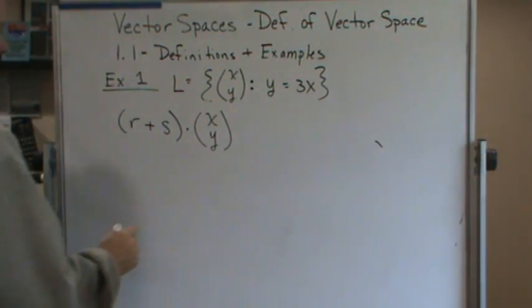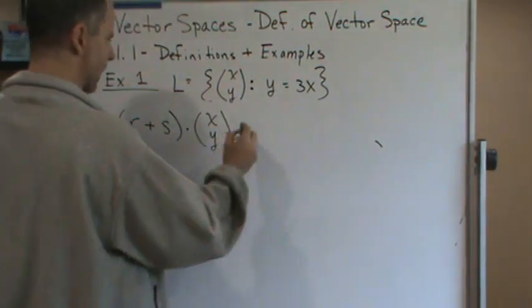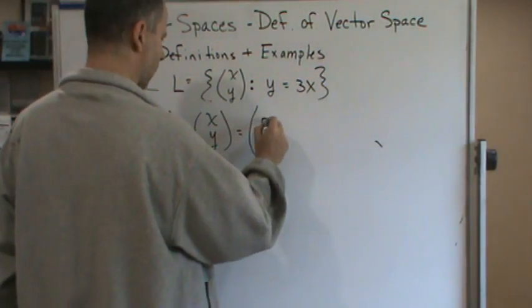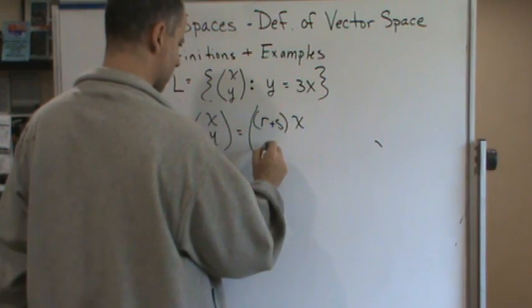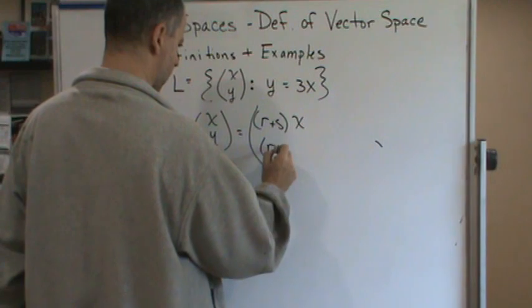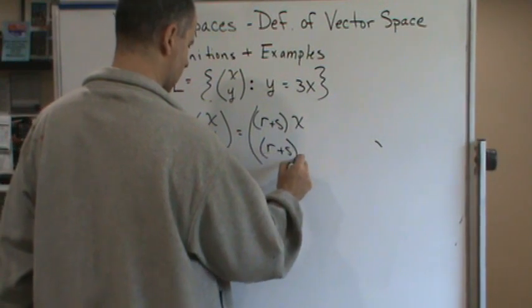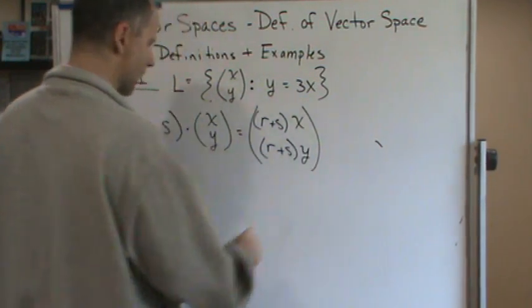Of course, what happens here? We can bring this inside, so this is going to be r plus s times x, and this is going to be r plus s times y.